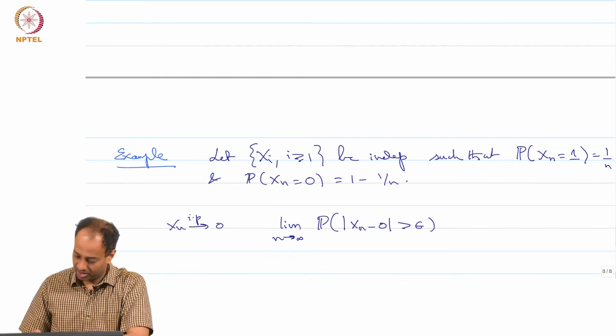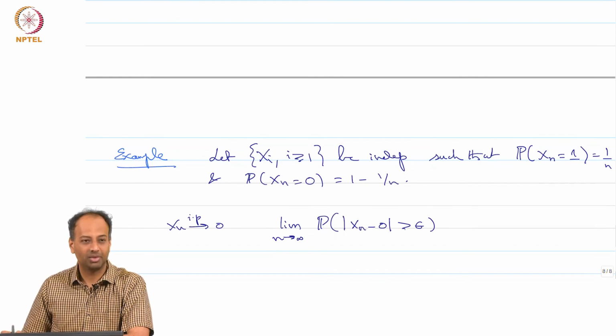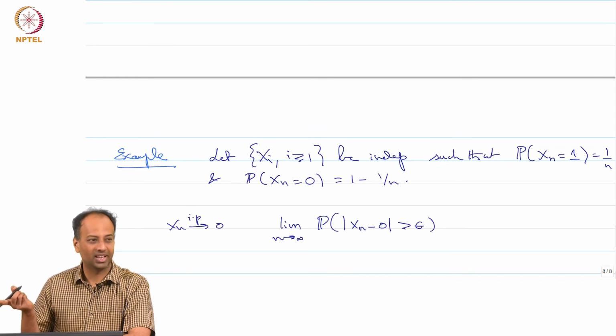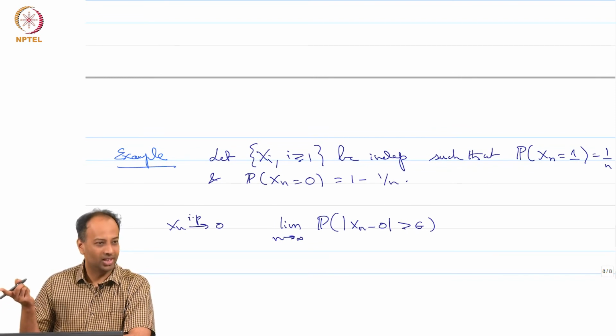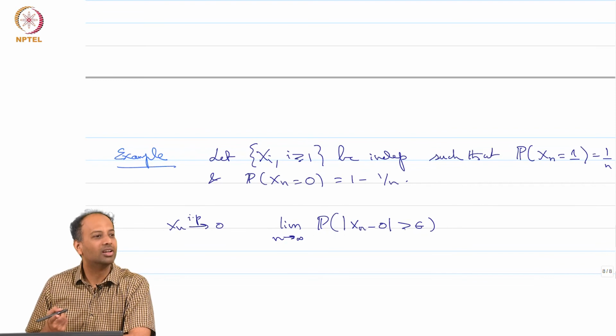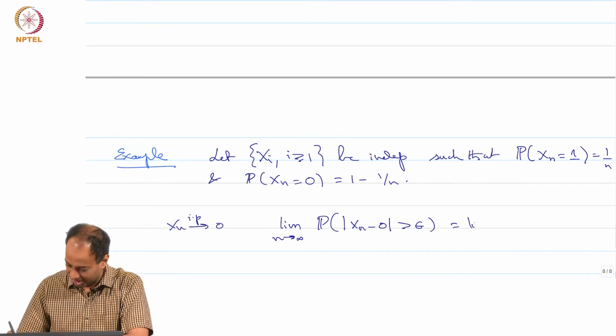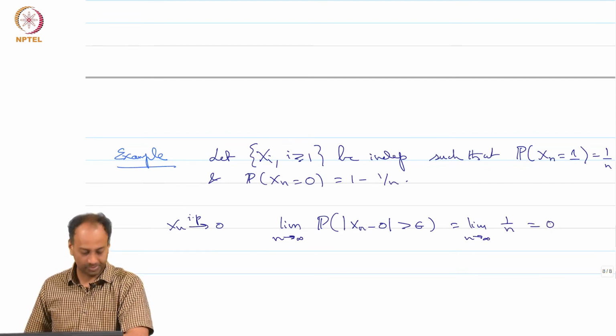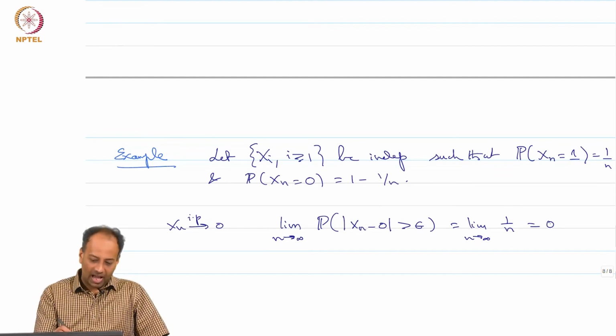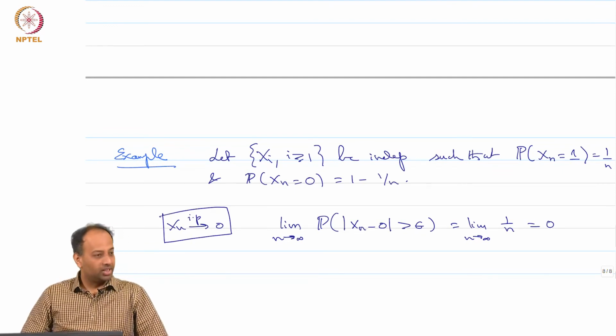What is the probability that absolute X_n is greater than epsilon? What values does X_n take? 1 or 0. So if it is bigger than epsilon, it has to be 1. So this probability is simply the limit as n tends to infinity of 1 over n, which is 0. So you have convergence in probability.